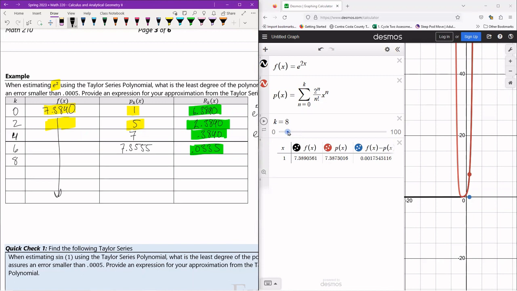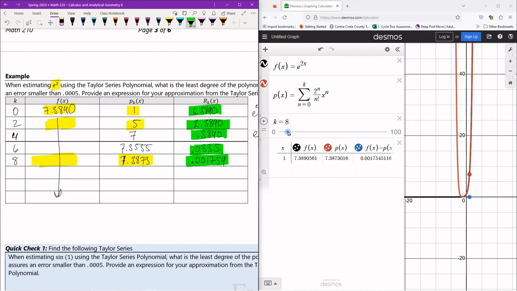My f of x is still the same, but now my p of x is 7.3873, so the difference between f of x and my Taylor series polynomial is only off by this much, 0.001754.